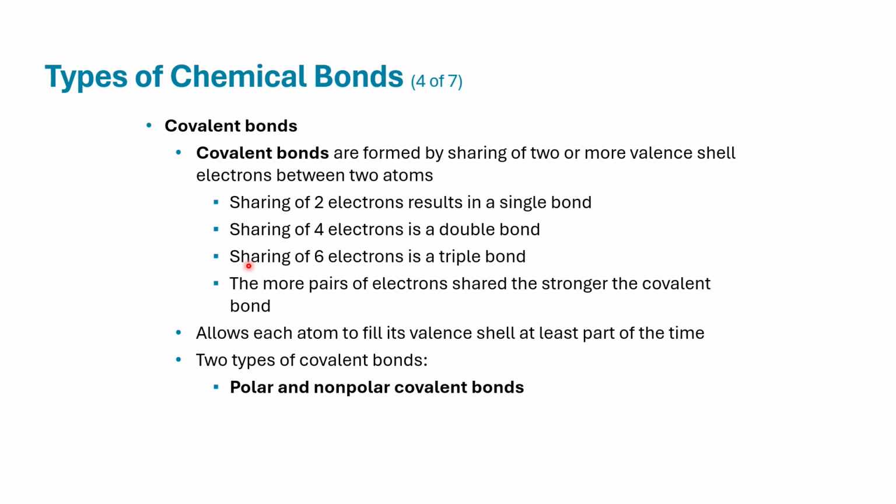And sharing 6 electrons forms a triple bond. And we'll look at that in a little bit. The more pairs of electrons that are shared, the stronger the bond. So a triple bond is stronger than a single bond. This allows each atom to fill its valence shell at least part of the time. The two types of covalent bonds are polar and nonpolar covalent bonds.